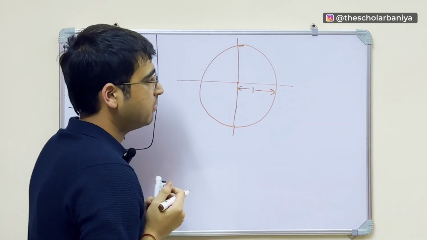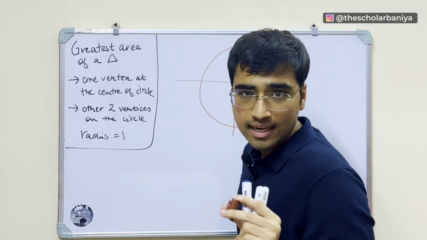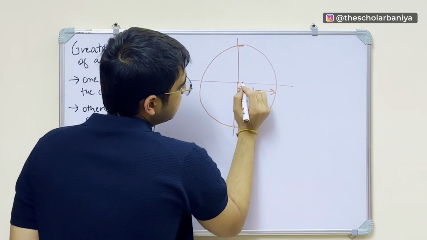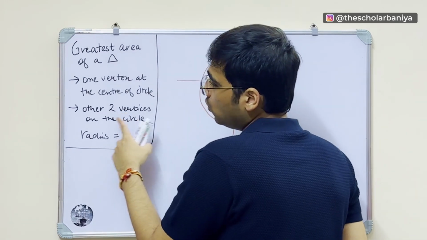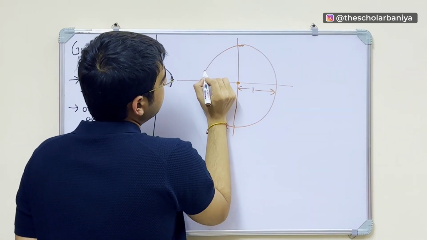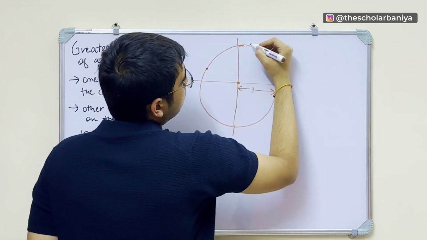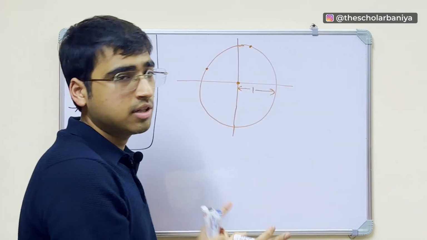The radius is given to be 1. What else do we know? That one vertex is at the center of the circle. That means this is one vertex, right? And the other two vertices are on the circle, right? So let's assume one vertex is this and the other vertex is this, right? We can assume anything, like anywhere on the circle.